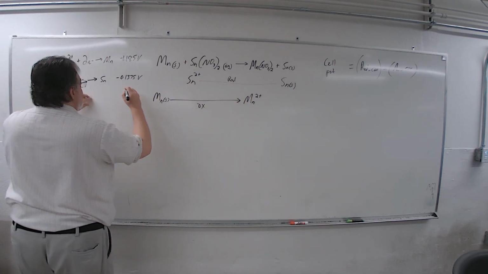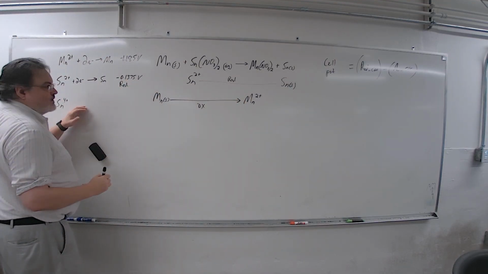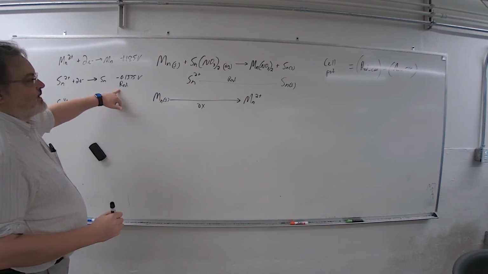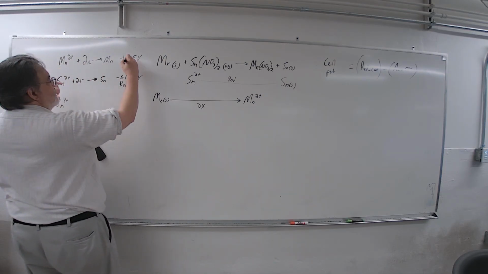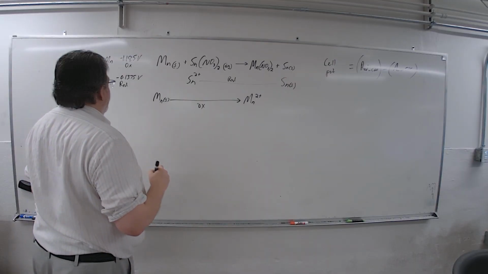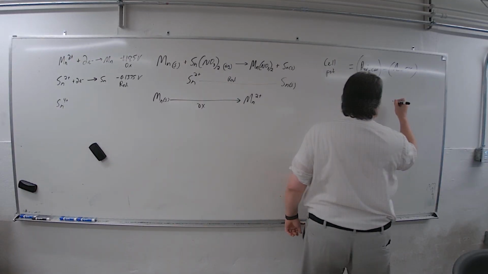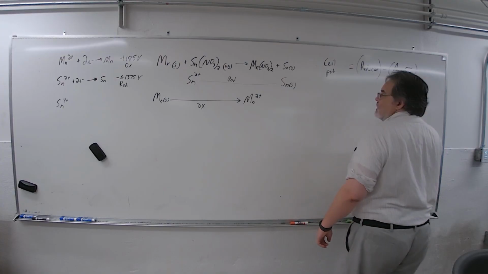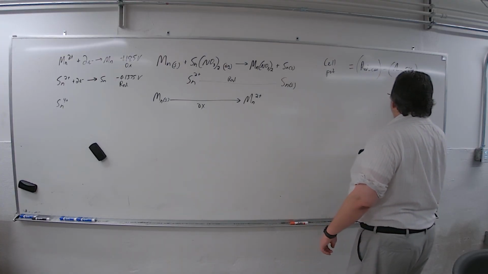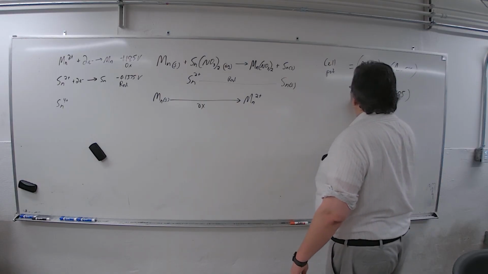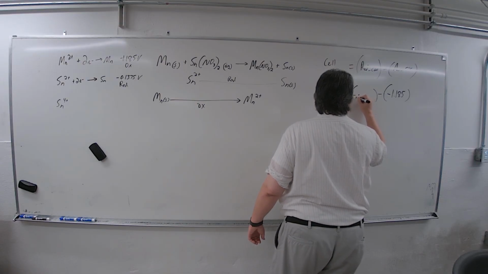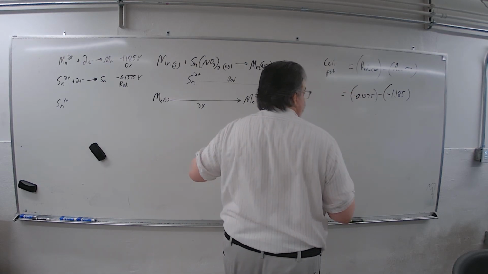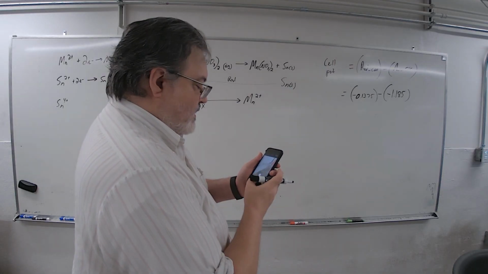Sn is being reduced, so this is reduced. That happens at the cation, and this is the one being oxidized, the Mn. And then just plug in 1.185. Negative 1375. Make sure you keep track of all your negatives and positives. So what do we get here?